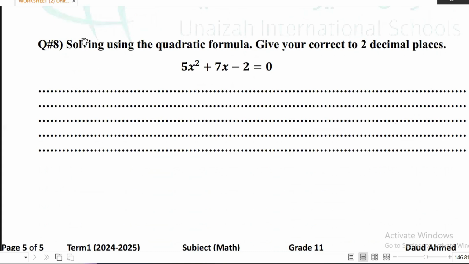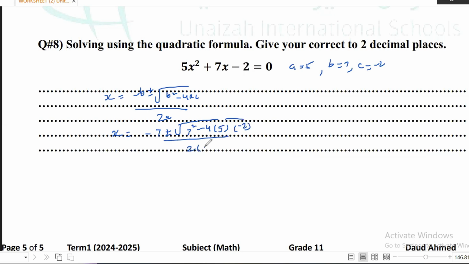So again, the quadratic formula will work for us. x is equal to minus b plus minus square root of b squared minus 4ac over 2a. Here a is 5, b equals 7 and c equals minus 2. So x is equal to minus 7 plus minus square root of 7 squared minus 4 times 5 times minus 2, over 2a.